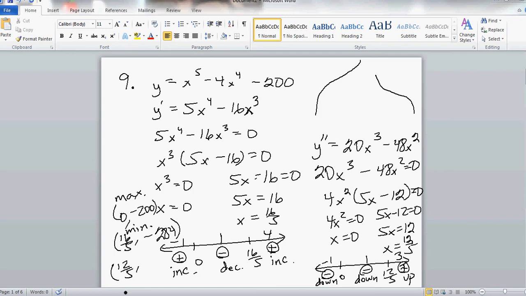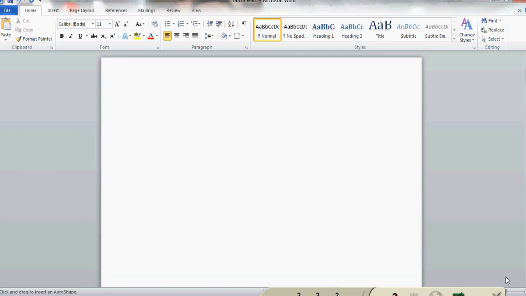So 2.4 raised to the 5th power minus 4 times 2.4 raised to the 4th power minus 200, and we get negative 253, more or less. So now we have all of these values, and we just need to draw the graph so that it looks right.